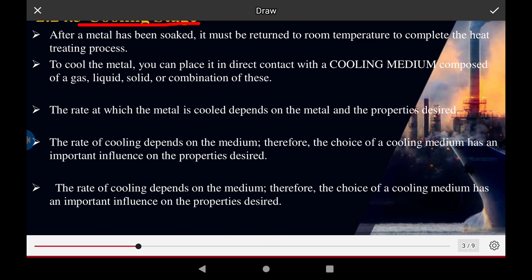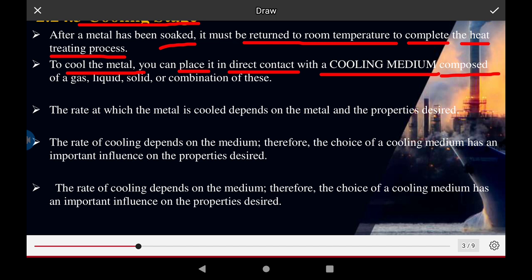After a metal has been soaked, it must be returned to room temperature to complete the heat treatment process. To cool the metal, you can place it in direct contact with a cooling medium composed of a gas, liquid, solid, or a combination of these.